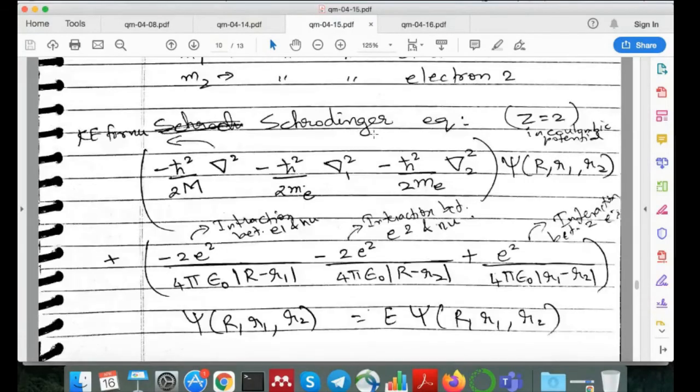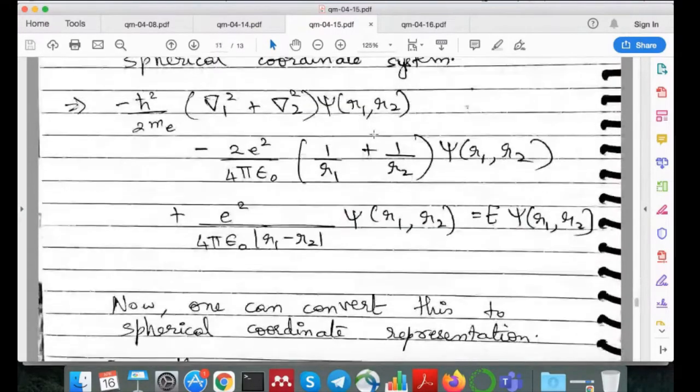So that is what finally the Hamiltonian turns out to be: two kinetic energies and three potential energies. Over here there is a factor of Z because you are looking at the interaction between electron and nucleus, and because the helium atom has atomic number 2, Z turns out to be 2. Okay, so this is your Hamiltonian.